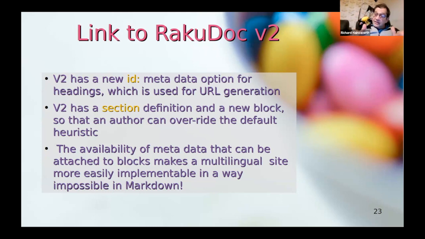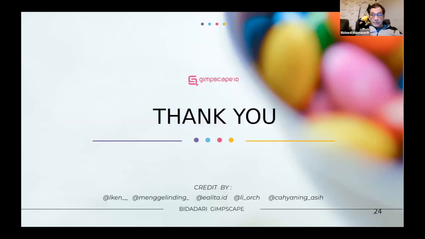And that is why I think that RakuDoc is so much more than just a documentation specification. It's a way of creating very rich documents that can then be realized in interesting ways on the web. And I think that is the end of the, yes, that's it.